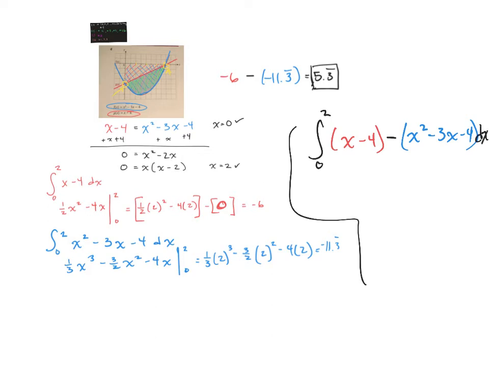You can, of course, simplify this: x minus a negative 3x gives us 4x. Negative 4 minus negative 4 simplifies, and then you're just going to have negative x squared. If you evaluate this using a calculator, you'll get the same thing.